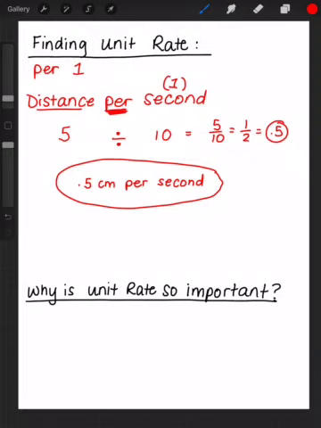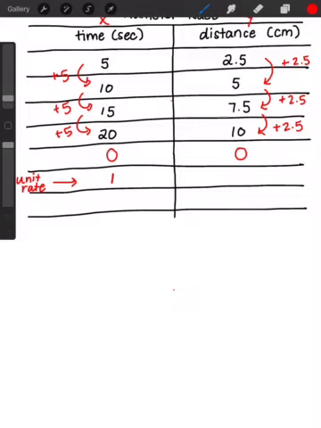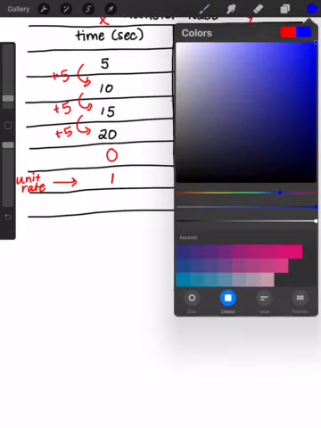Right? Now, why is the unit rate so important? Why do we want to figure out this amount? Okay, well, I'm going to tell you. When we go back to our table and we have 0.5 in there for that, what we notice is that now we can take our unit rate and use multiplication to fill in all of our other values.